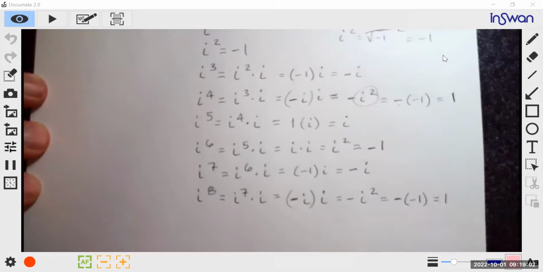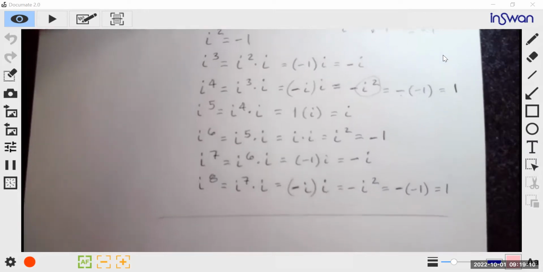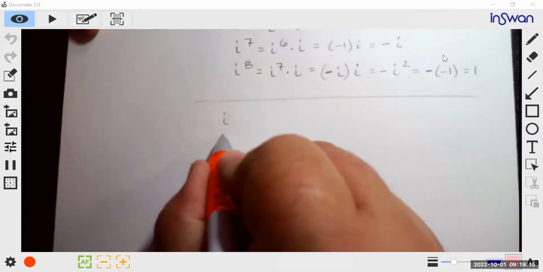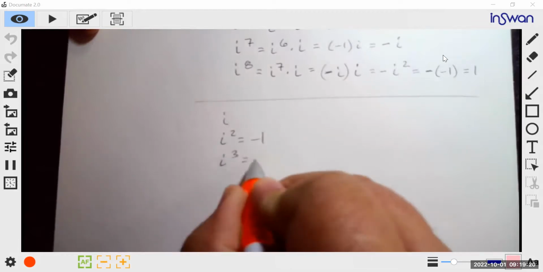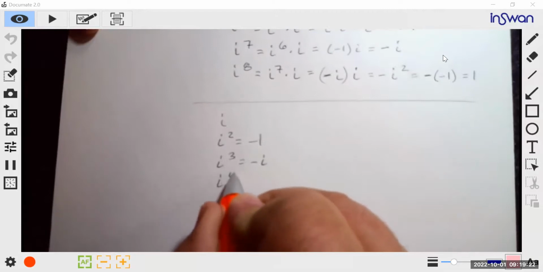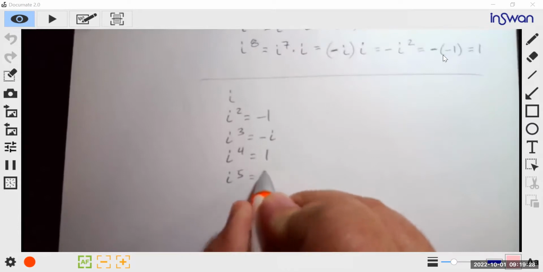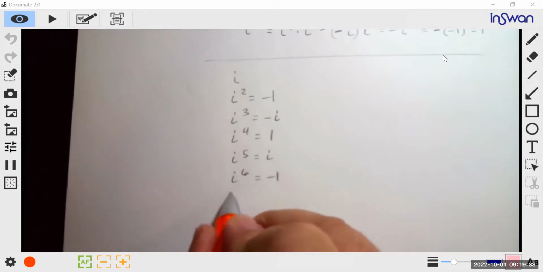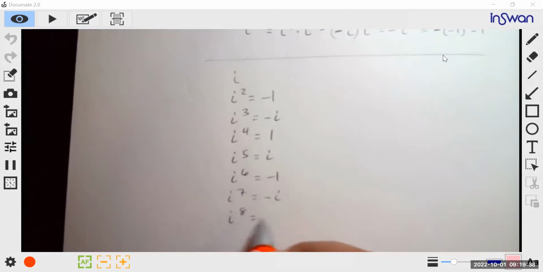I see a pattern, and it's a specific pattern. i to the 4th was 1. i to the 5th was i, i to the 6th was negative 1, i to the 7th was negative i, i to the 8th was 1.